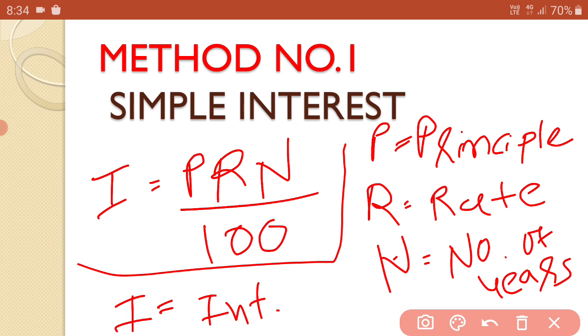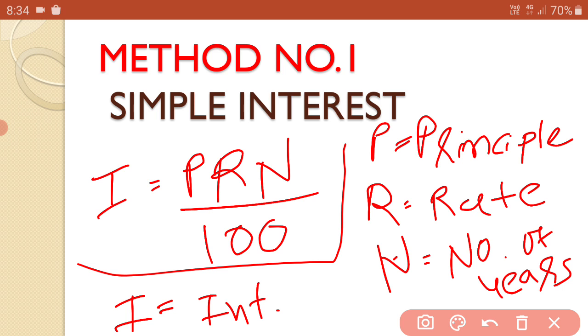First of all, we are clear about the concept of simple interest. When the interest is calculated on the principal only for the entire period, it is called simple interest.